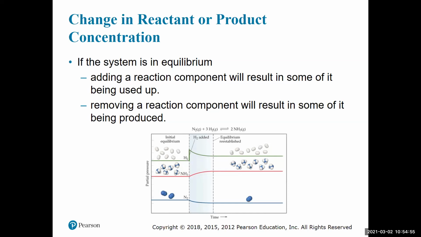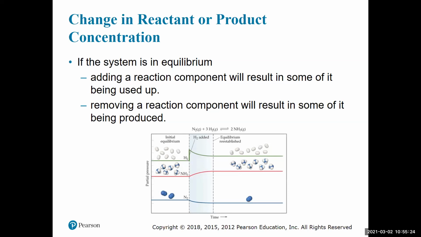And if we can keep that in mind, it's helpful. So like in this first example, where we have a change in one of the concentrations, if we increase the concentration of one of the products, the equilibrium is going to shift to decrease that and increase the reactants to get that balance back.